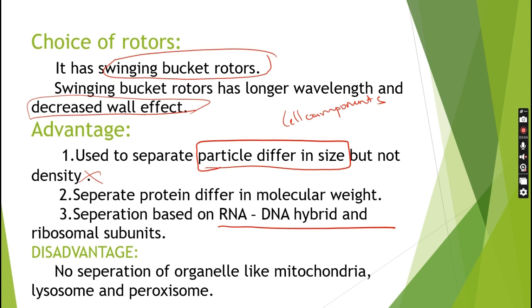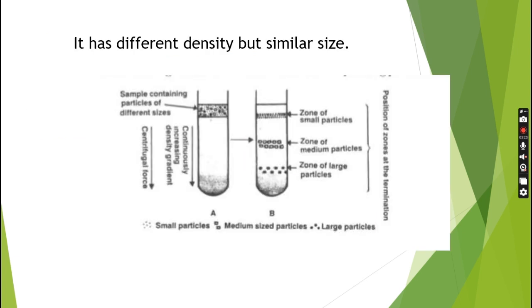Proteins which differ in small molecular weight can also be separated, because it's a fragile process. But cellular components like mitochondria, lysosomes and peroxisomes cannot be separated by this method. So different components are going to be separated in this method.